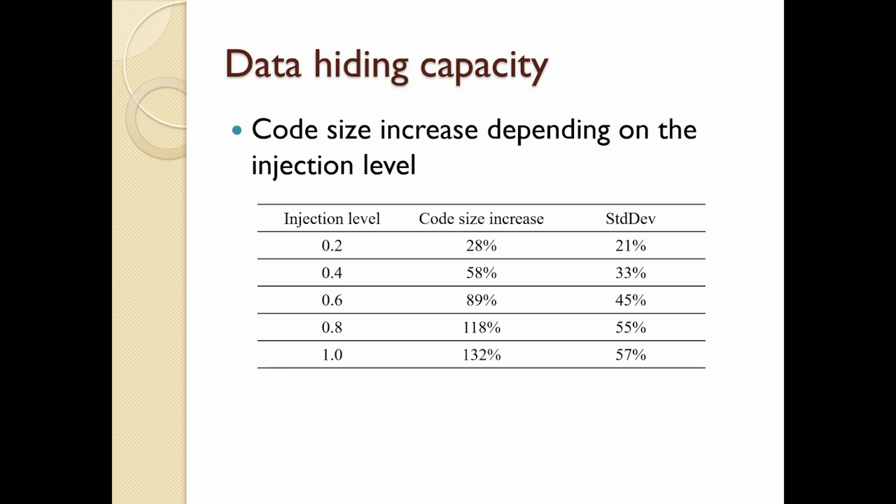First, we checked how much the code size increased after enabling the option, and you can see the result in the table. The code size increased from 28% for the smallest level of injection to 132% when we enable the highest injection level.